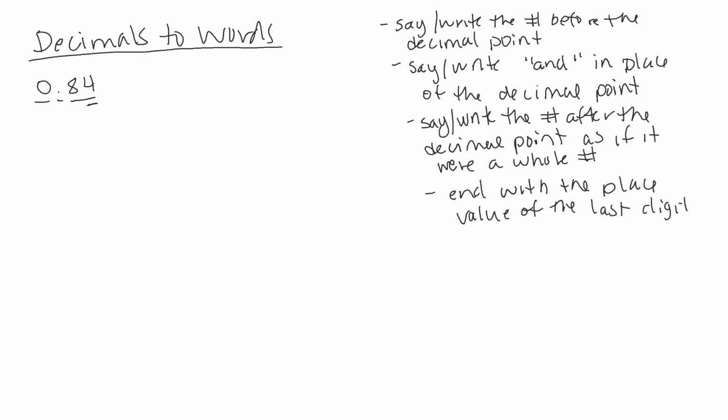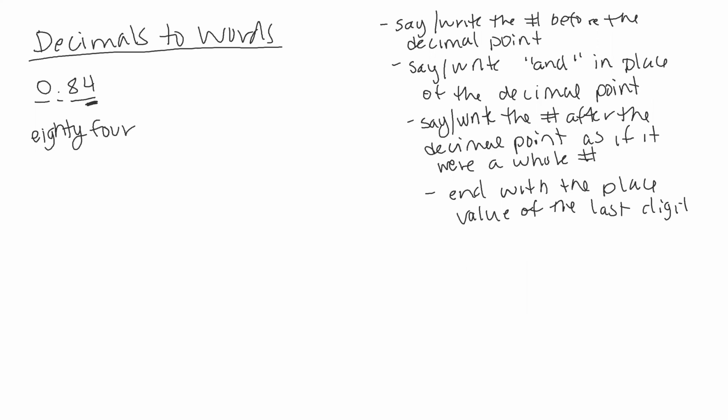Okay. So we have nothing in front of the decimal point, so we can skip steps 1 and 2 here. We don't have to say 0 and. You don't have to say that when there's nothing in front of the decimal, but we do want to say this 84. So remember, we decided 84 is just 84. And then you want to look at the last digit.